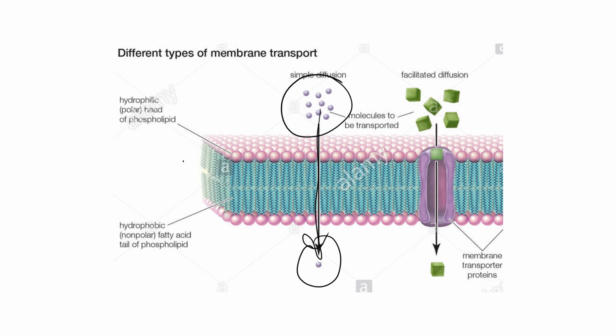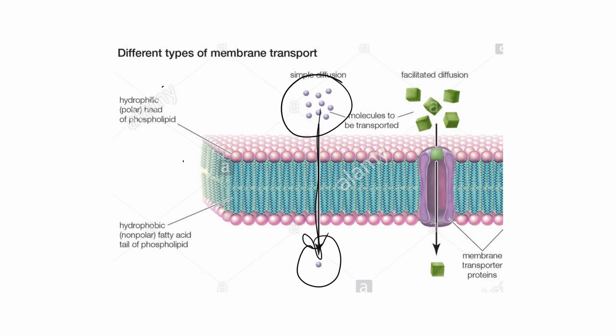But what makes this simple diffusion? What actually makes simple diffusion is the fact that these molecules typically do not require any sort of integral protein in order to get through the membrane. They can just rip right through it. How could that be? Well, what you need is for the molecule to be nonpolar.